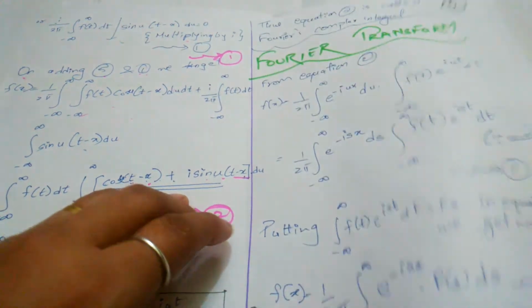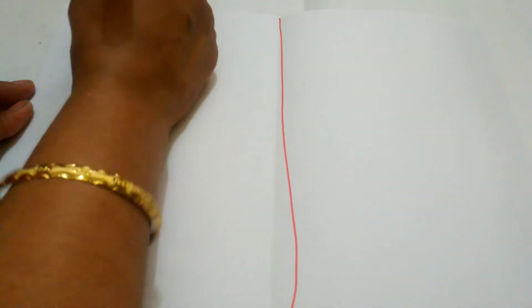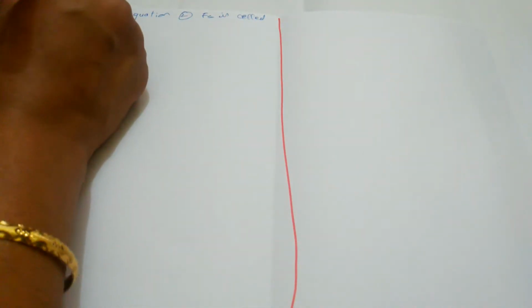So in these equations, in equation 2, F of s is called the Fourier Transform of f of x.